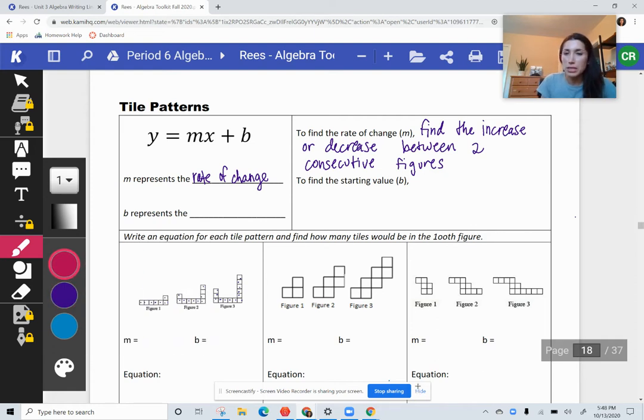b represents, well, that's typically our y-intercept, but now we're going to talk about it in terms of a figure 0. Okay. And to find figure 0, when we're looking at a tile pattern, we basically want to use the rate of change to backtrack from figure 0.